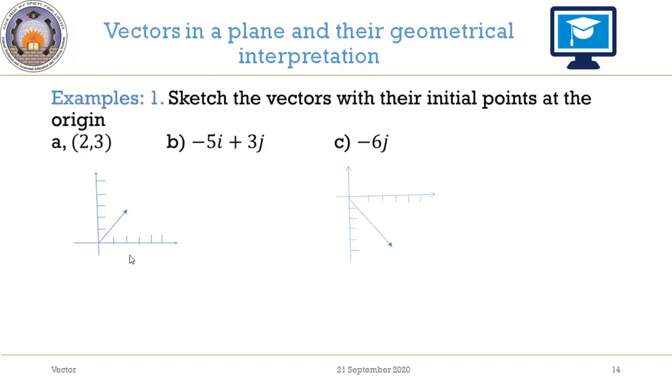Example: sketch the vector with initial point at the origin and terminal points (2, 3), (-5, 5), 3j and 6j. Let's see the solution of the first one. To plot the point (2, 3), the given point is in two-dimensional space.